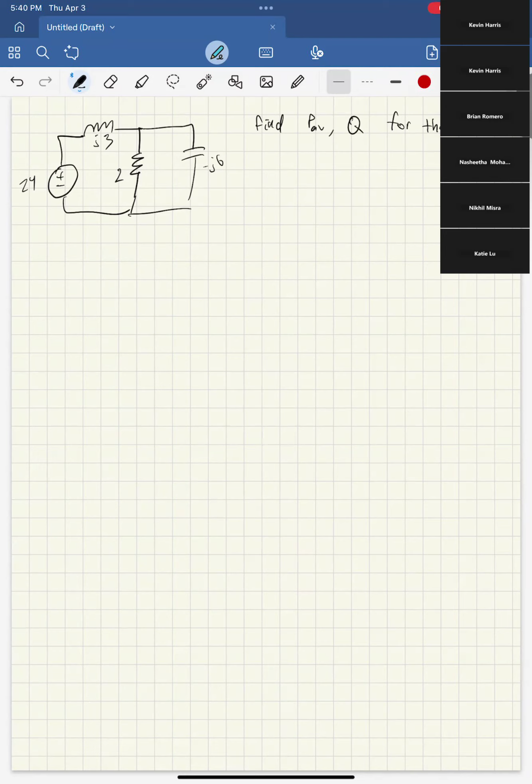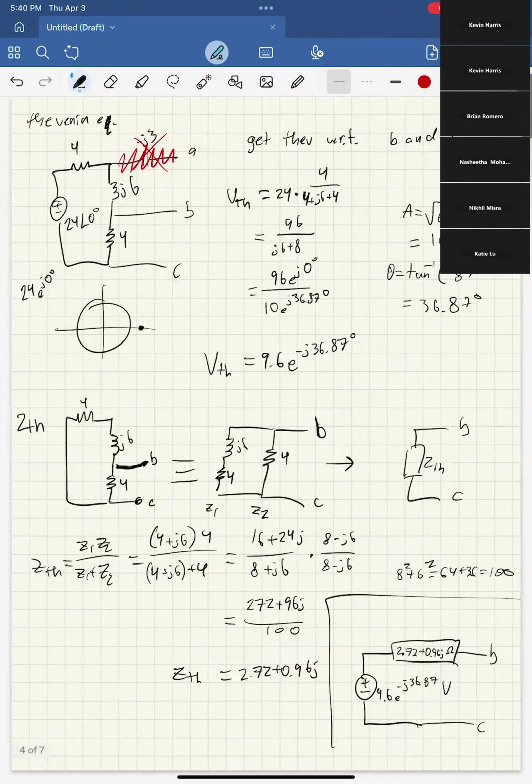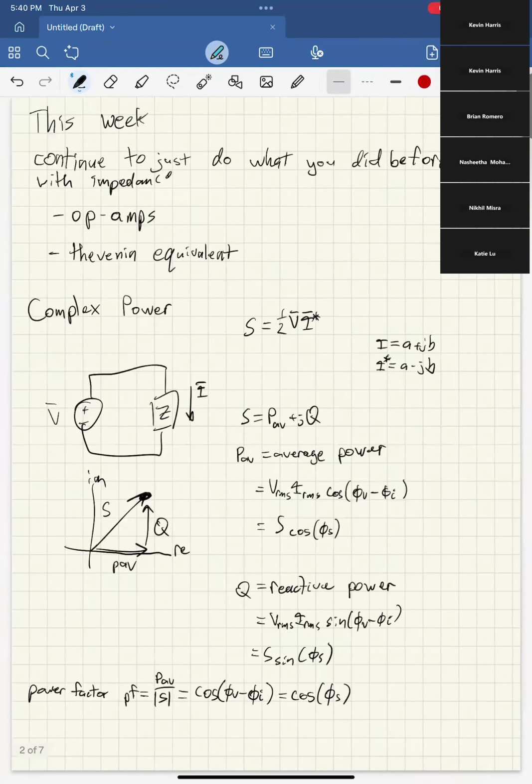Okay, so this means effectively we just have to find S, and then P average is equal to S cosine of the difference. The equations are on an equation sheet. Where did I write them? It's equal to that or that. I'm going to be using this one because it makes more sense in my brain.